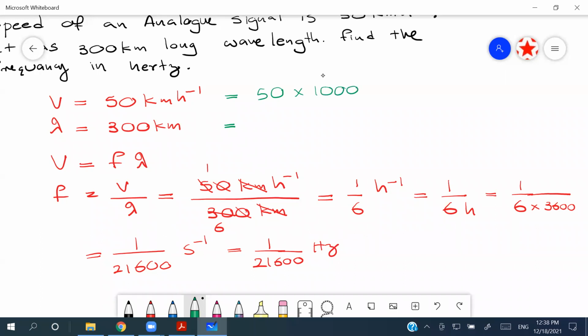So kilometers will be converted into meters. Divide by 3600. Then it will be meters per second. So if you do this, these things can be cut down. So it's like 500/36 meters per second.